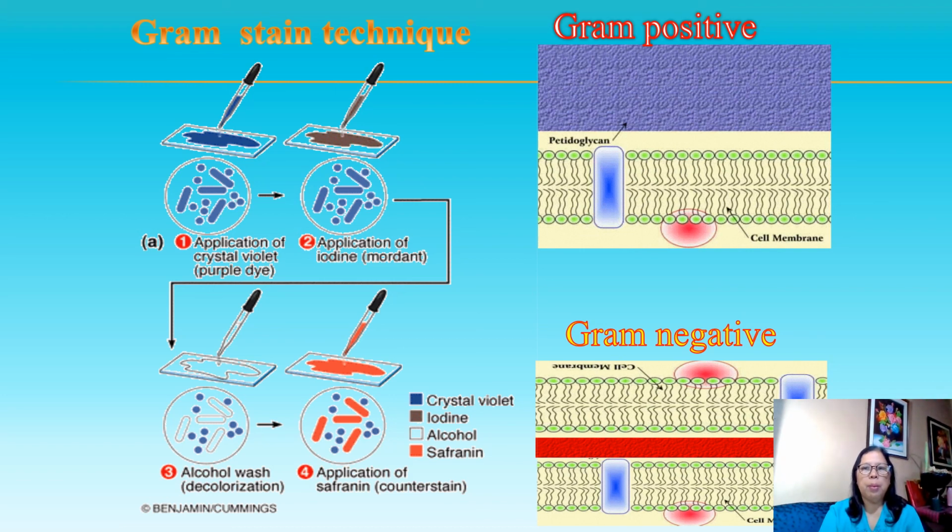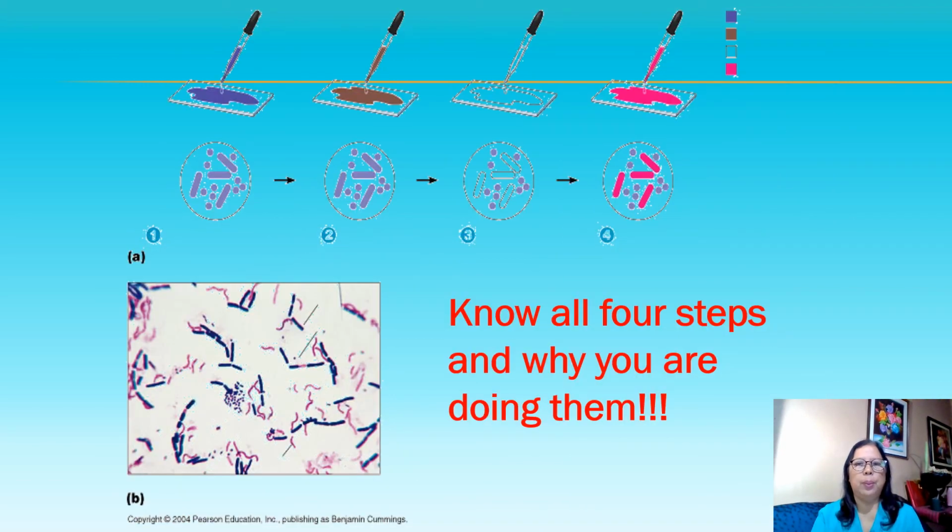The crystal violet will remain in the phospholipid area, whereas for gram-negative, the pink will simply predominate. So these are the four steps. You should be guided by the acronym CIAS: crystal violet, iodine, alcohol, safranin.